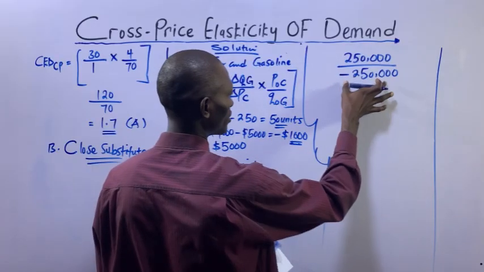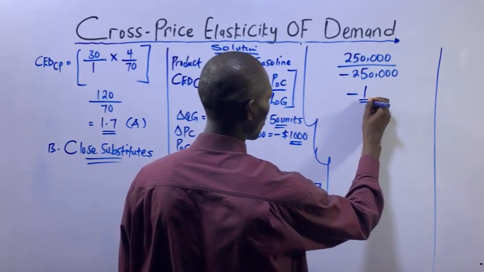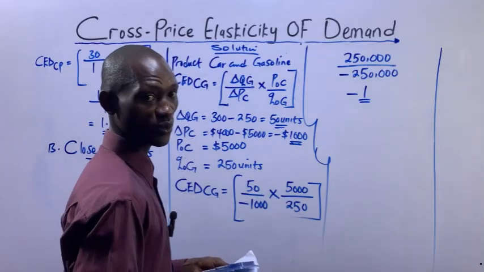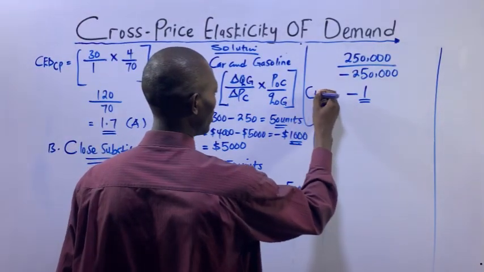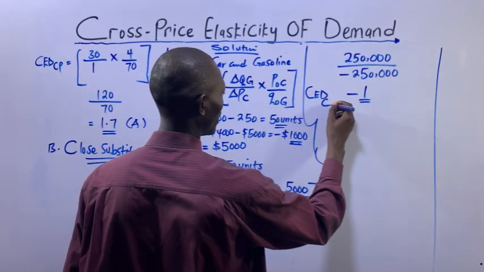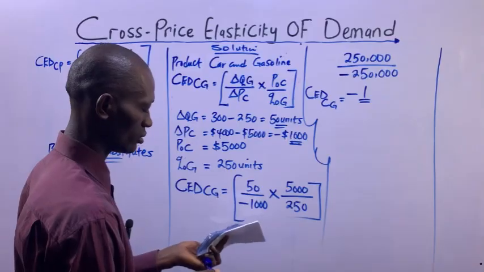So 250,000 divided by minus 250,000 is going to give us minus 1. So the cross elasticity of demand for car and gasoline is negative 1.